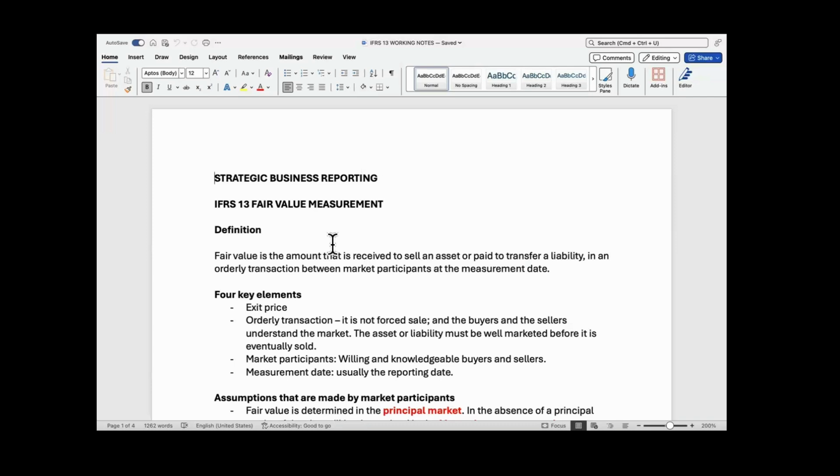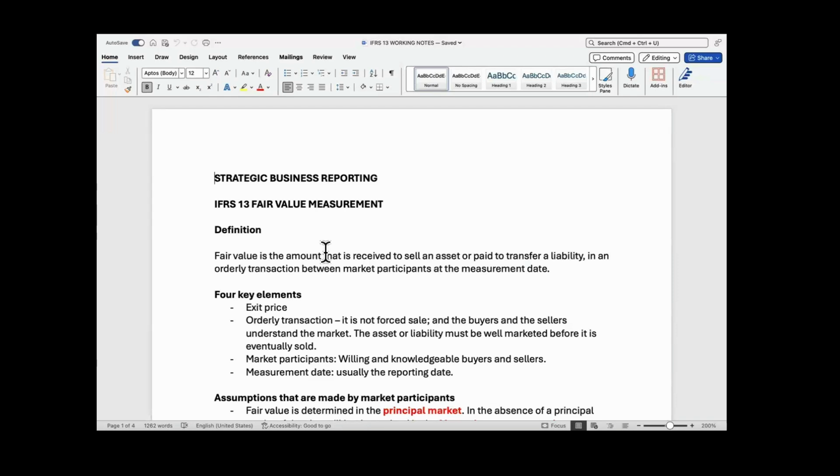And I told you that fair value is the amount that is received to sell an asset or paid to transfer a liability in an orderly transaction between market participants at the measurement date. We looked at this definition, we broke it down into four elements. And the first was exit price.